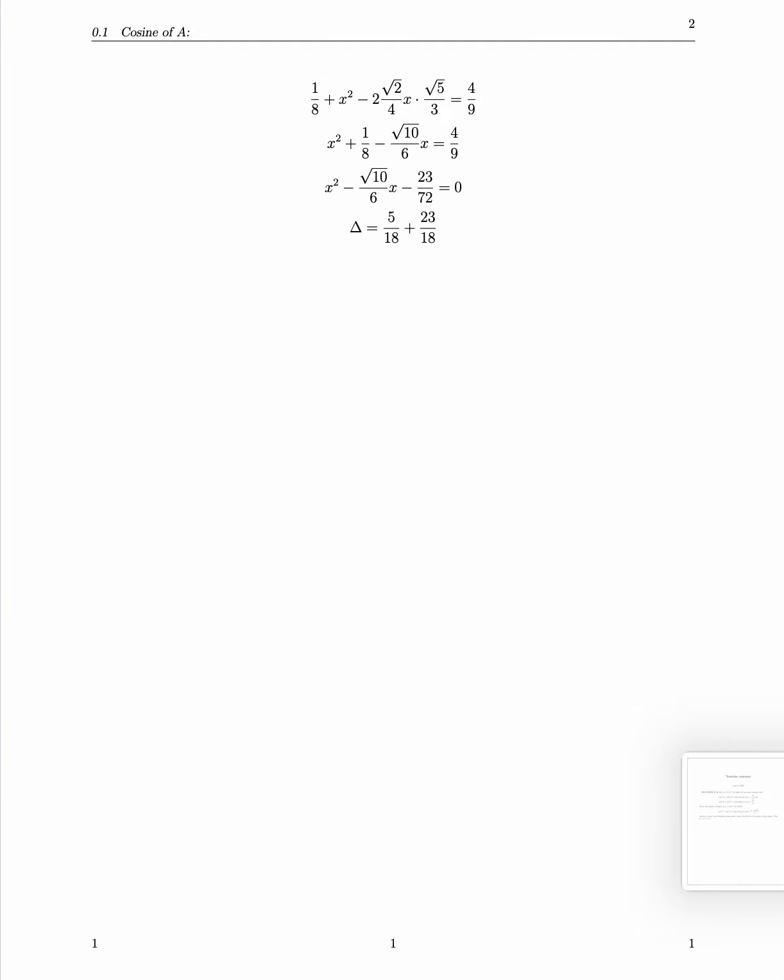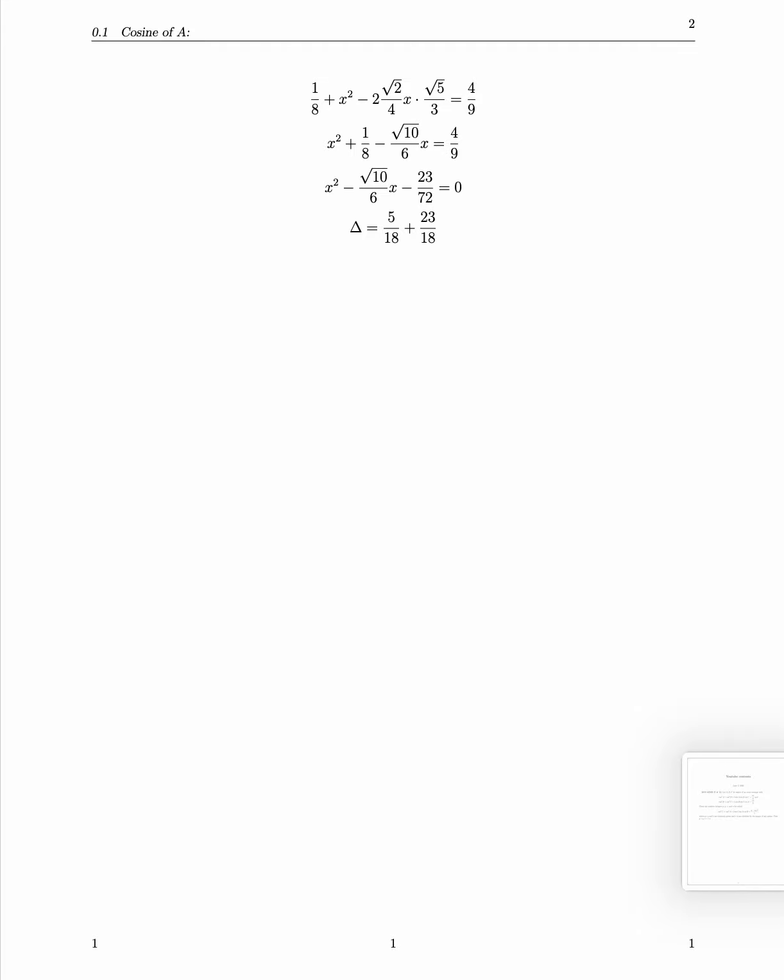Square root of 14 over 9, and then we can just use the quadratic formula. Yeah, this problem is actually kind of annoying. So actually I'm just going to multiply the entire thing by 72: 72x squared minus 12 square root of 10 x, and then minus 23 is equal to 0.